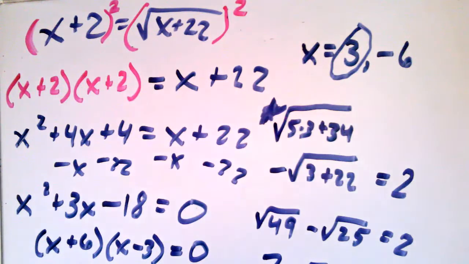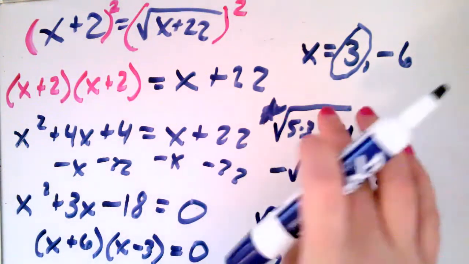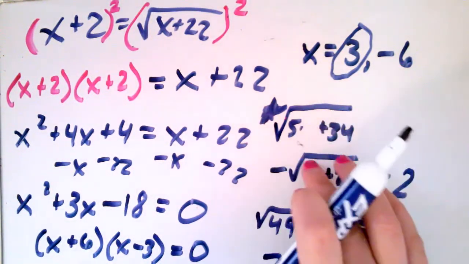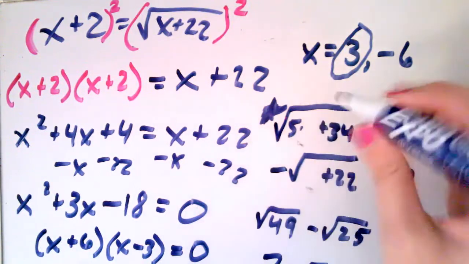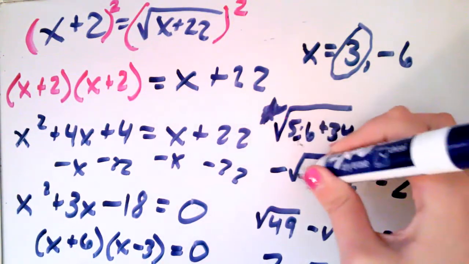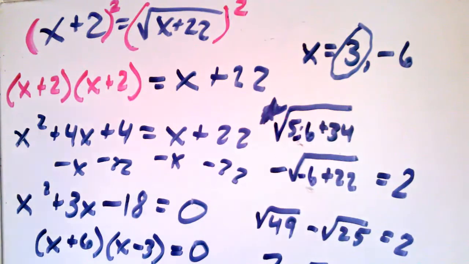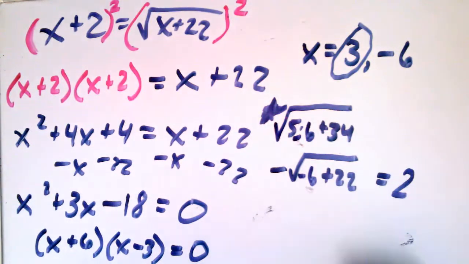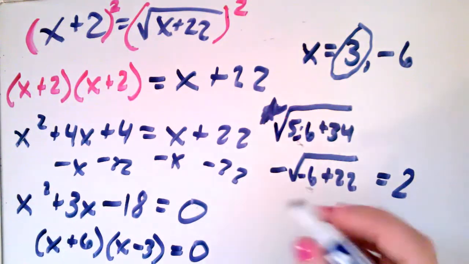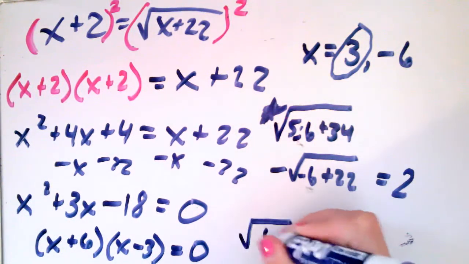So it looks like this answer works. Now we got to try the other one. And to not have to totally rewrite all this, I'm just going to erase the 3 and try -6. So we have 5 times -6 is -30 plus 34. So that'd be square root of 4.